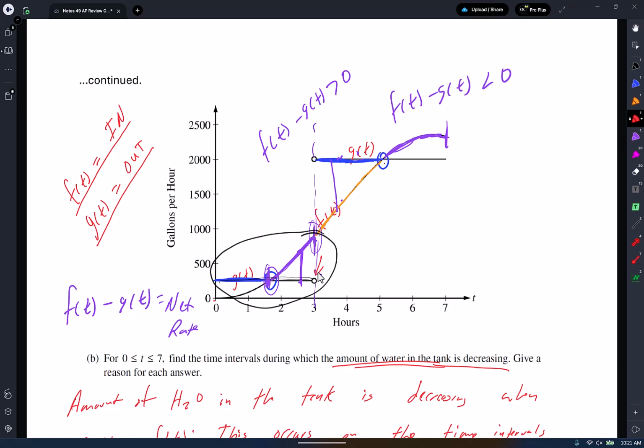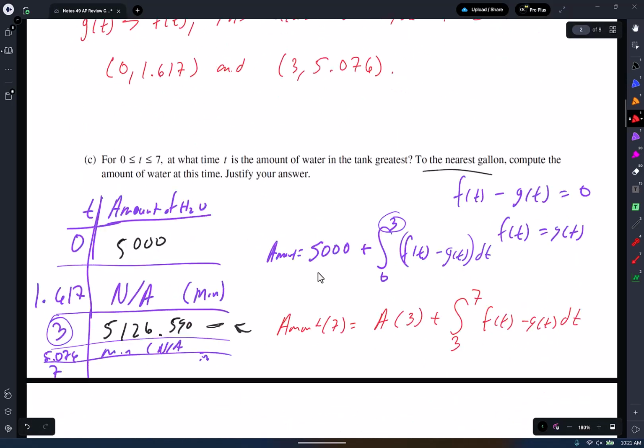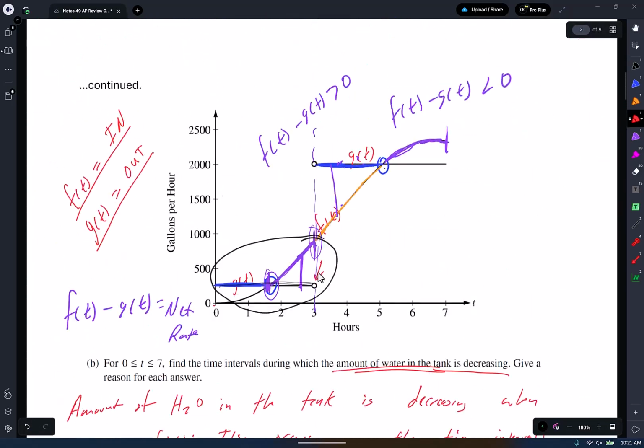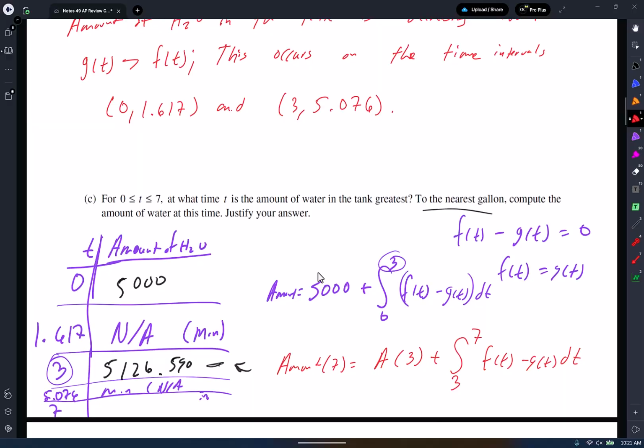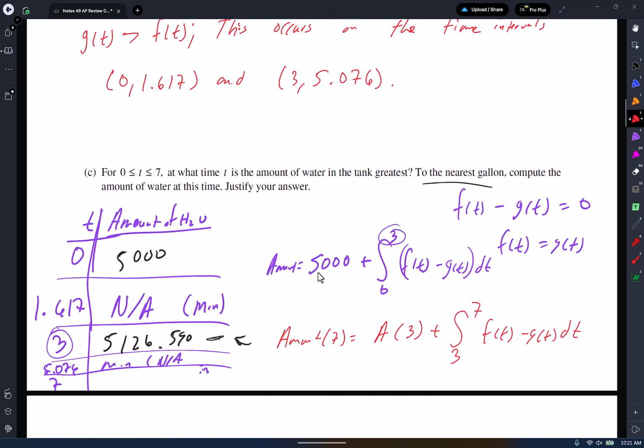Say it wasn't a piecewise function and it's just one function, we would just do 0 to 7. I haven't looked at the real amount, how it looks. So here it is, guys.